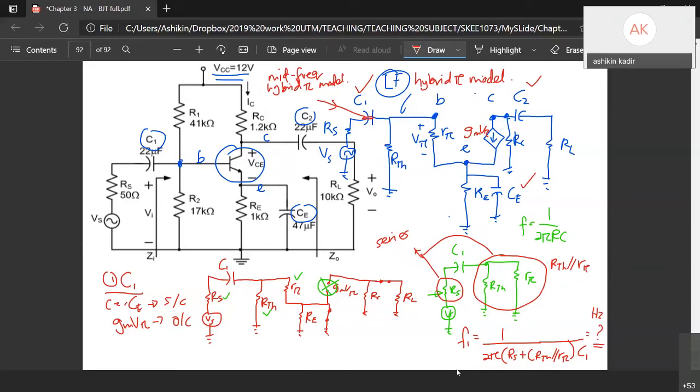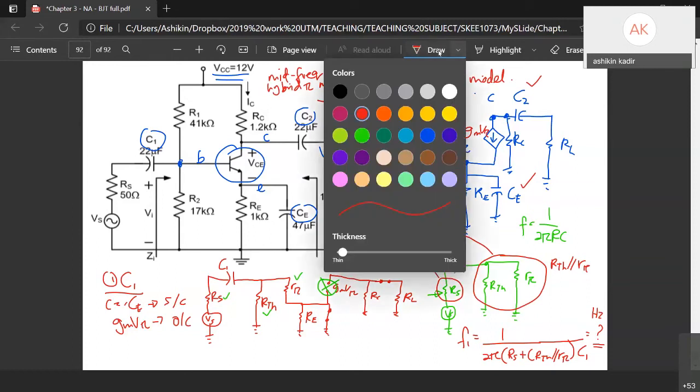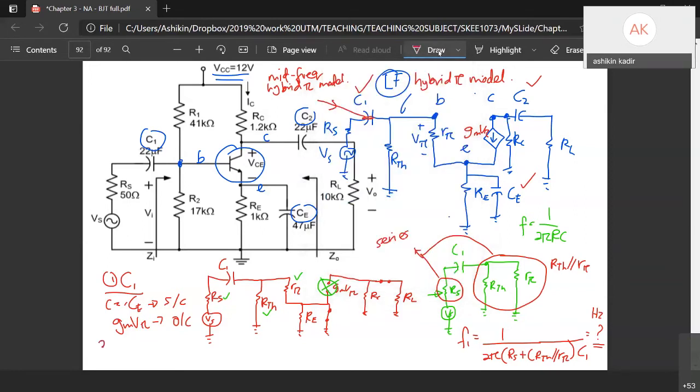And then you need to do the same analysis for the other two capacitors. So number 2, which one is simple? Okay, we use C2.